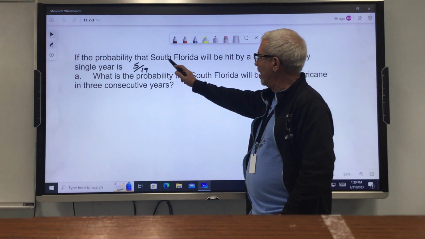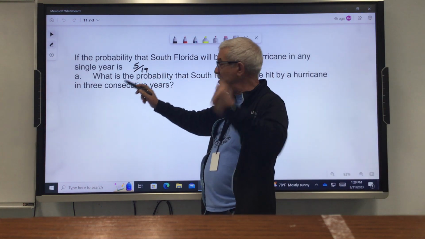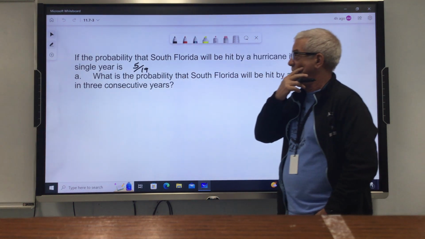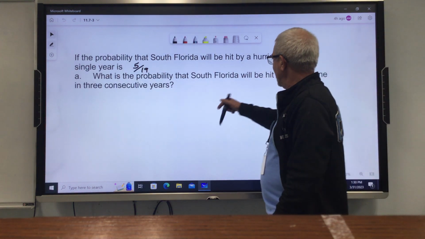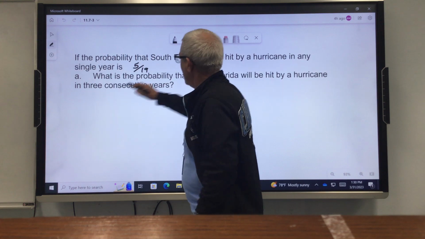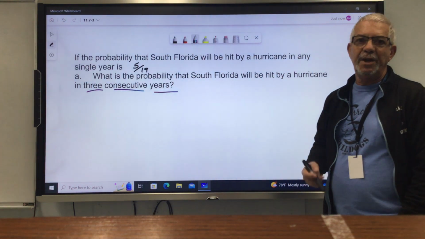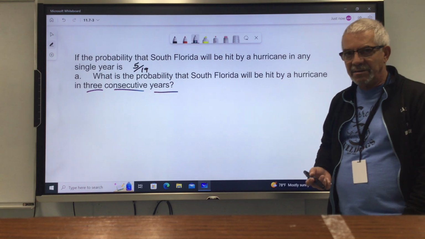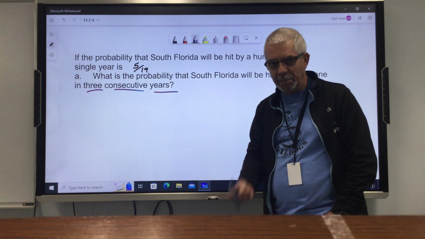The probability that Florida will be hit by a hurricane in 1 year is 5/19. What is the probability that Florida will be hit by a hurricane in 3 consecutive years? In that case, it's an "and" probability, so we need to multiply.